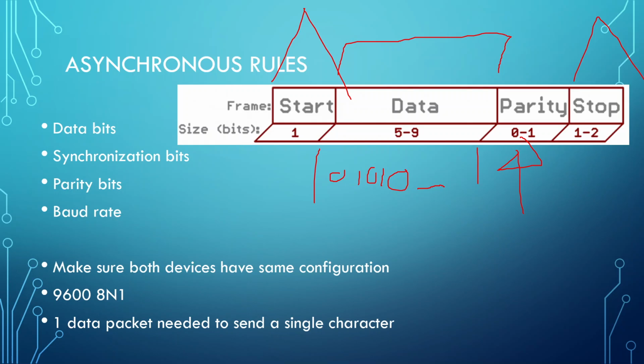So here I have 2 ones, so that's 2. Is 2 an even number? Yes. So the parity bit would be a 0. If my data was odd, 1, 1, 0, 1, 0, and I was still doing even parity, it would be a 1. So that way, when you add up all that information, that number is always going to be an even number.